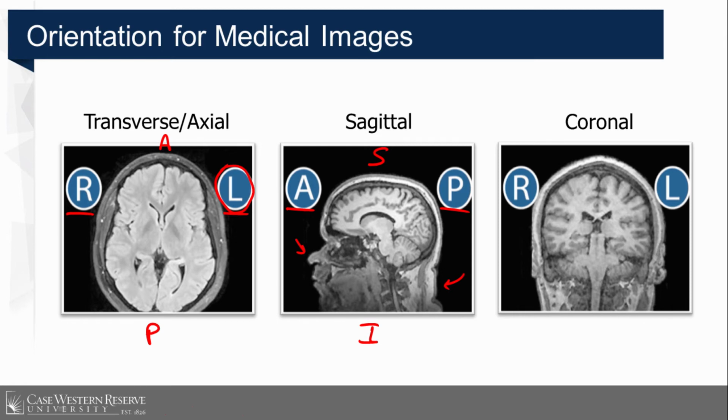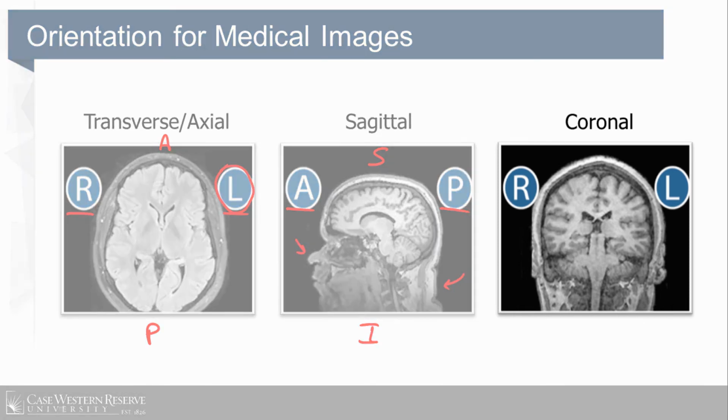The third orientation is what's known as a coronal orientation. So here we're again cutting our patient from the top of their head to the bottom of their feet, but in a direction that's perpendicular to the sagittal images. Right? So here again we have superior and inferior direction, the top of the head and the bottom of the feet.